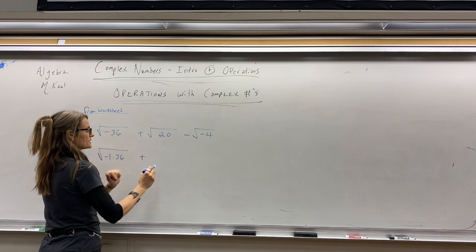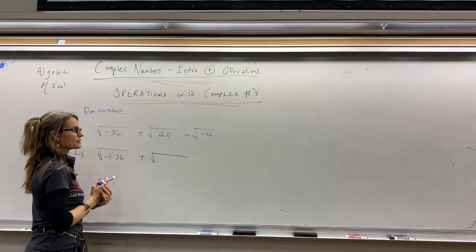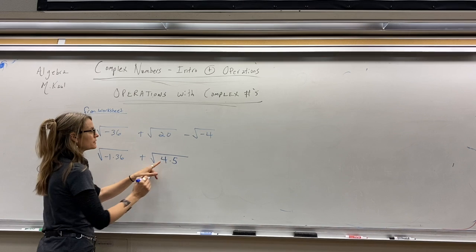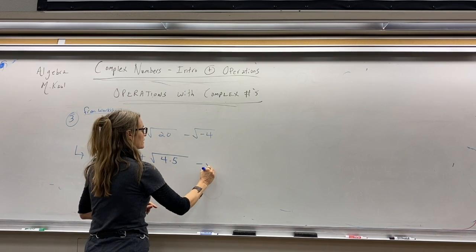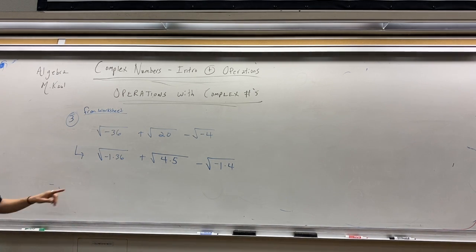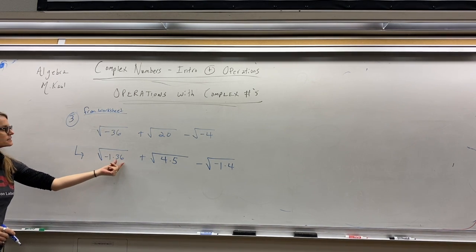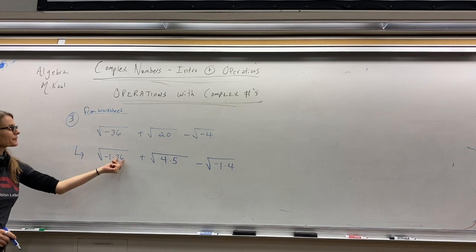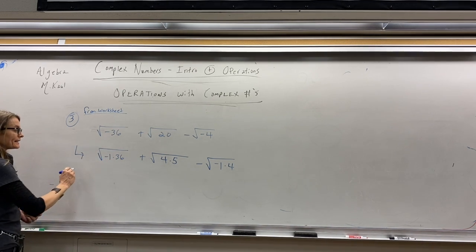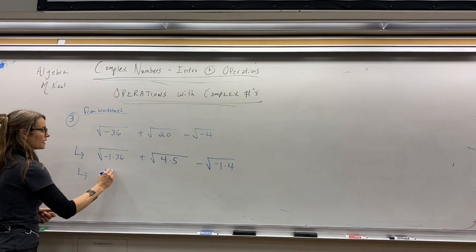Simplify this. It doesn't have a negative, so it's just back to my basic rules for simplification. This becomes a 4 times 5. And this becomes a negative 1 times 4. Now, this is a perfect square, so I can bring that whole thing out and it becomes 6. The square root of negative 1 is by definition i, so I have 6i.